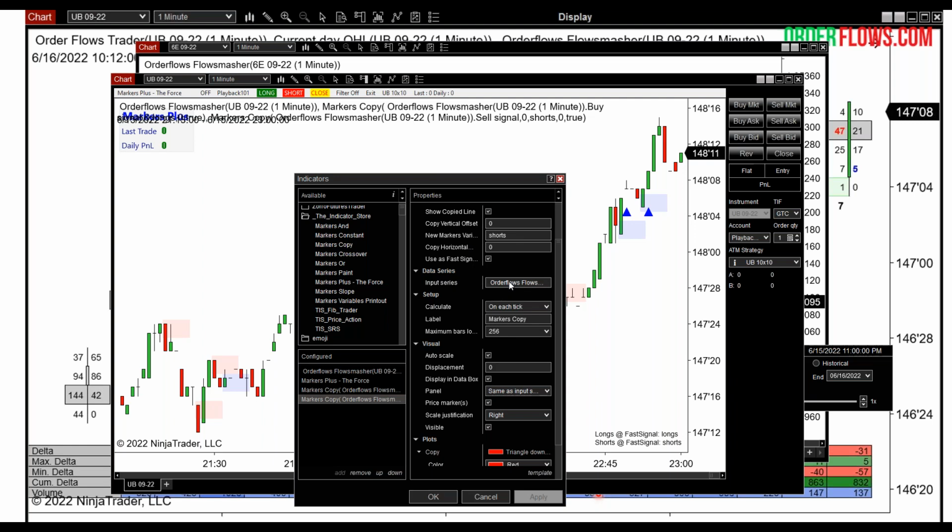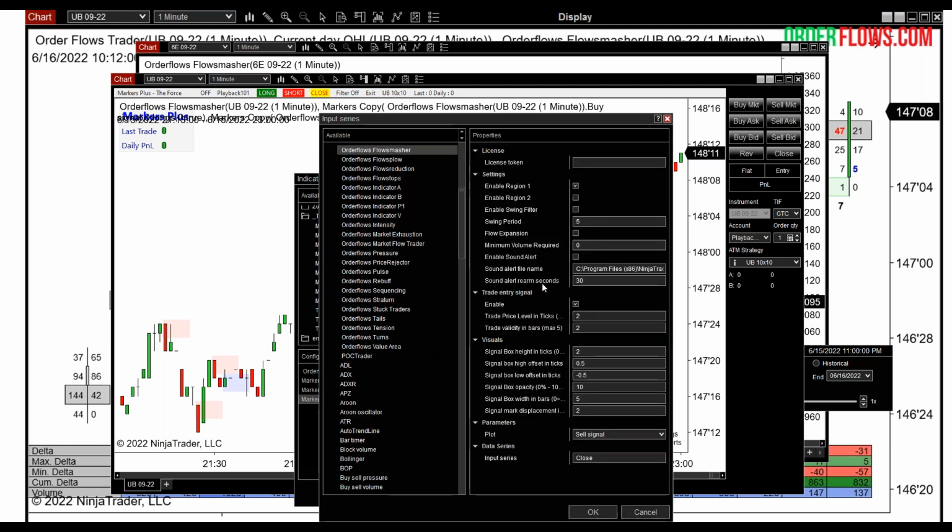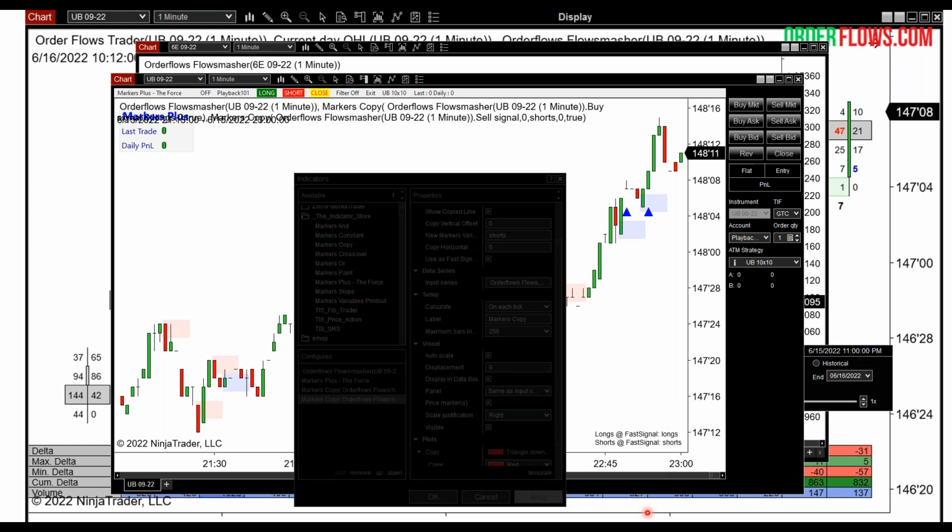Obviously, you got to go back to the input series, make sure you enable it to the right settings that you're looking for, and you got to make sure you tell it to look for the shorts, because you got to have one for buys, one for sells. Again, once you're familiar with the program, it's very easy to use. So you would just set it to whatever setting, Region 1, and I just make sure I change this here from buy signal to sell signal. Simple.